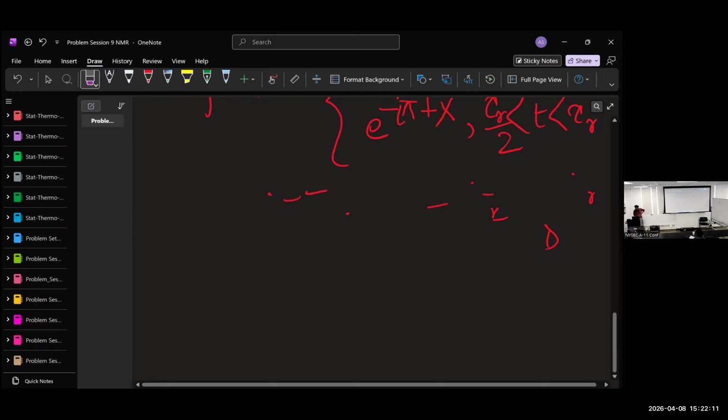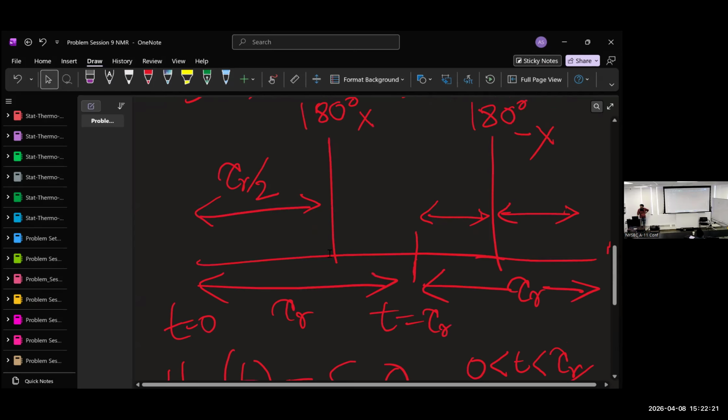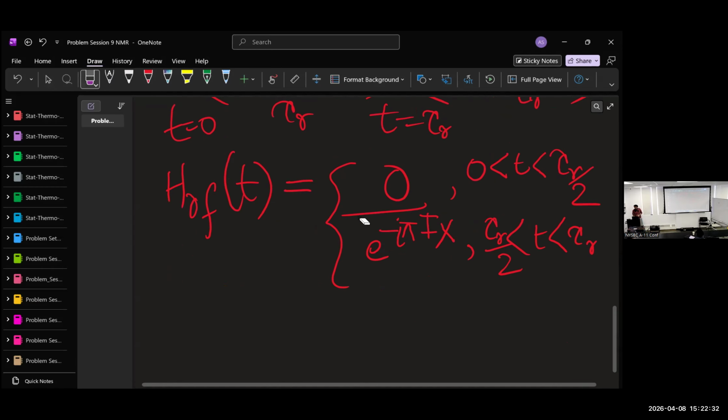Anyway, I'll look back at that and I'll confirm why it goes back to 0. But does it at least make sense logically? Before the pi pulse hits, you're not doing anything. Between the pi pulses, it is flipped relative to x, and then after the second pi pulse, you come back to x.